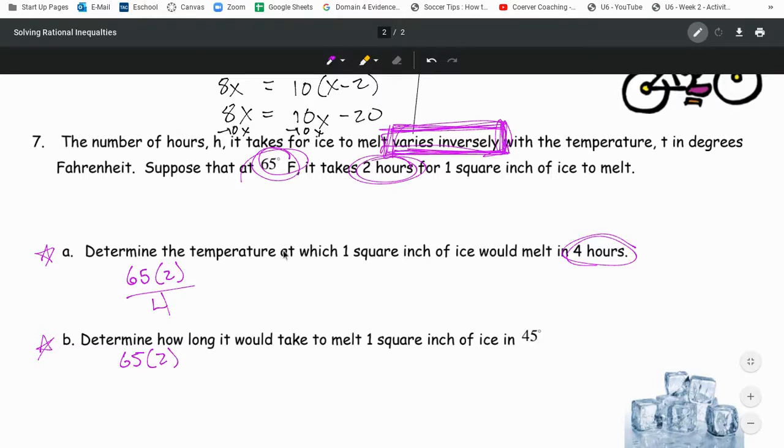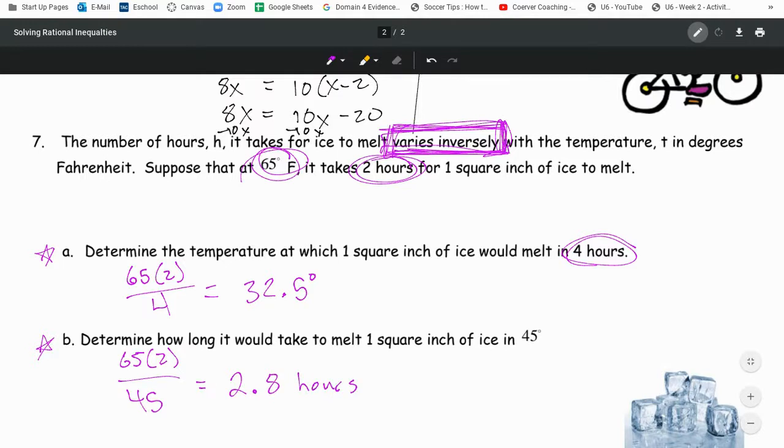I take the two that went together, 65 times 2, and then I divide by the other number. That's what we do essentially when we have varies inversely. So then I just work that out. For A, I get 32.5, and this is actually degrees. And then down here would be about 2.8, and this represents the hours, how long it would take.